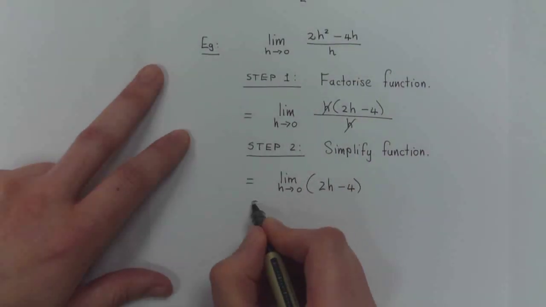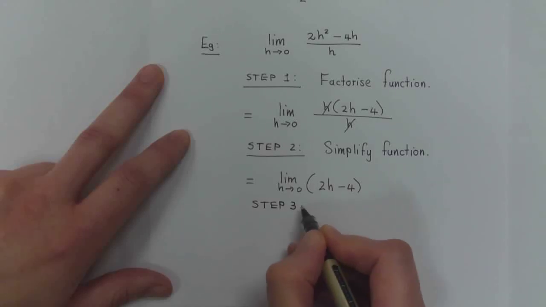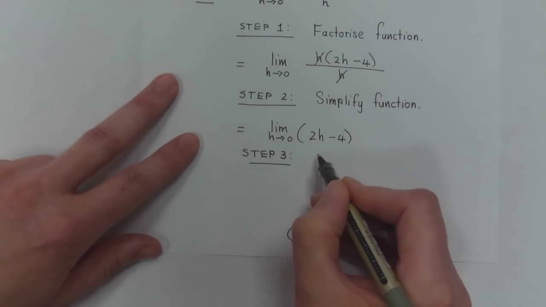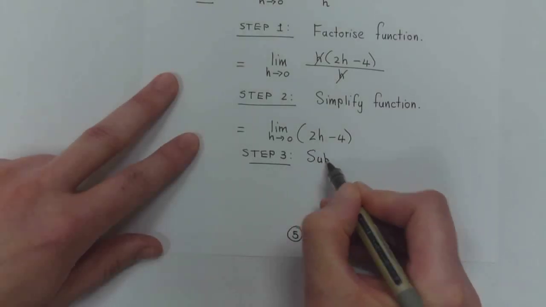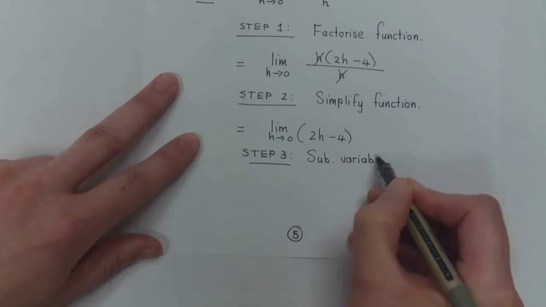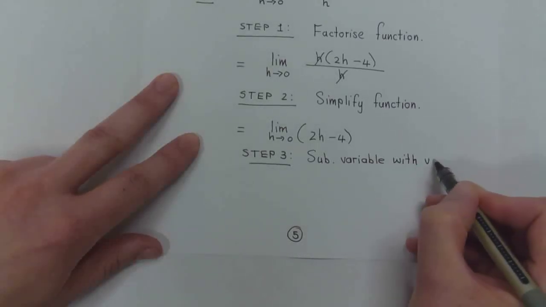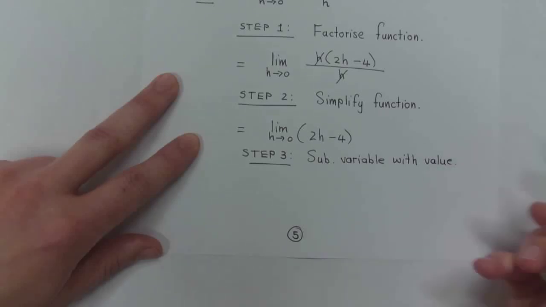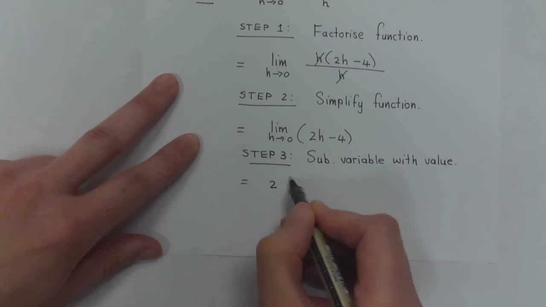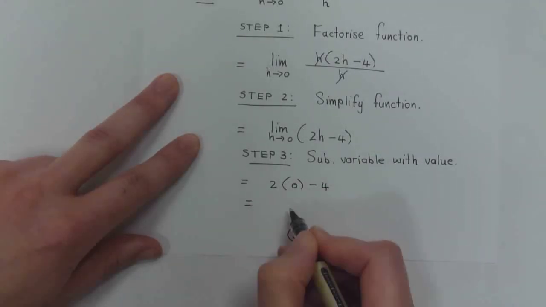So my last little step, step 3, is going to be substitute the variable, in this case h, with the value indicated. And that value in this case, h tending towards 0. So I'm going to say 2 times 0 minus 4, which means my final answer is -4.